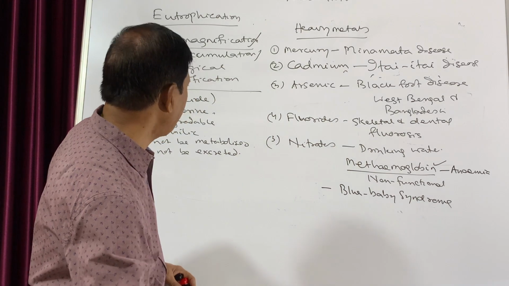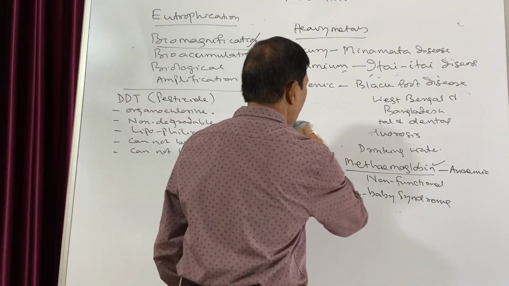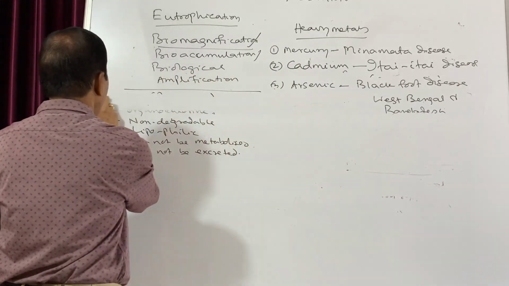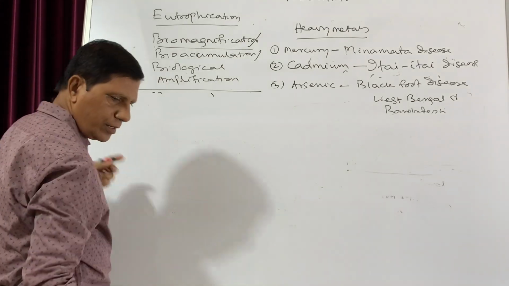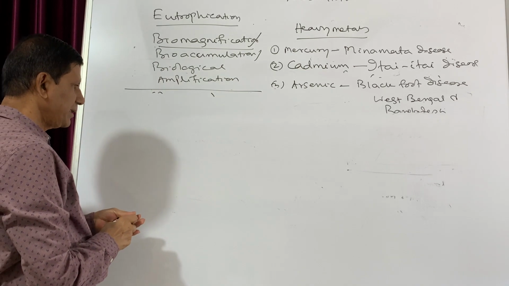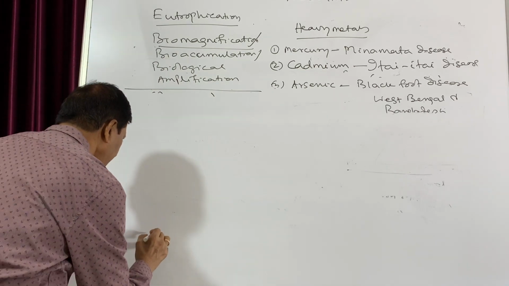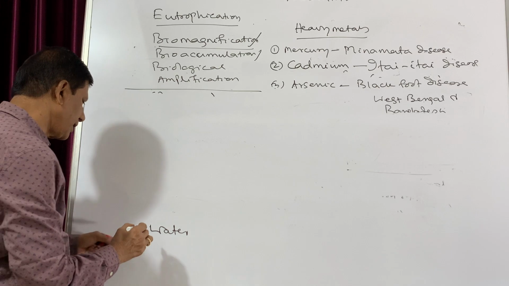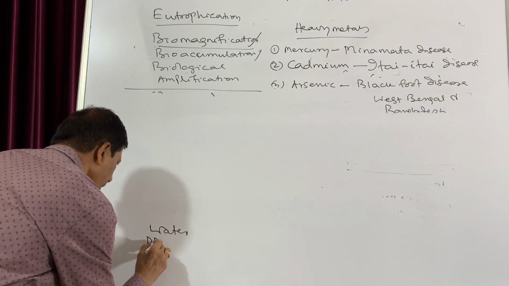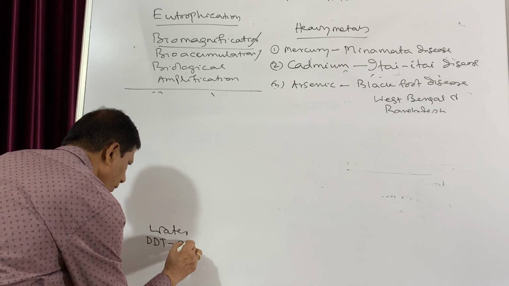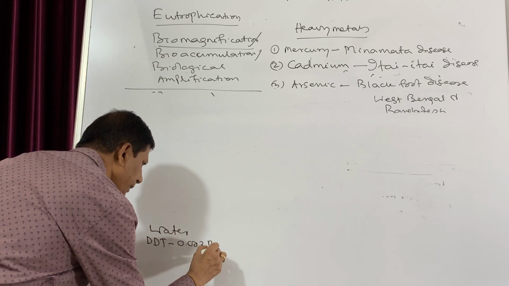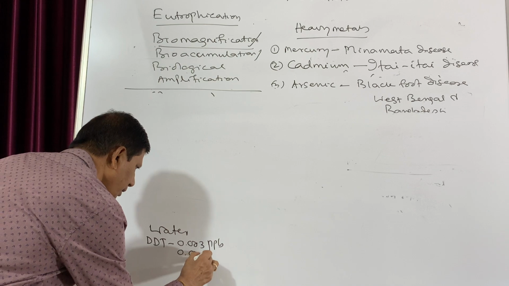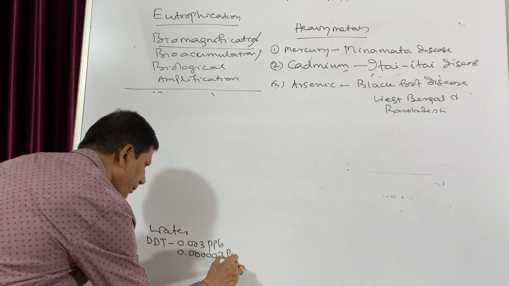Now let us give an example. It has been found that in water, the amount of DDT content is 0.003 ppb, parts per billion, or you can write 0.003 ppm.